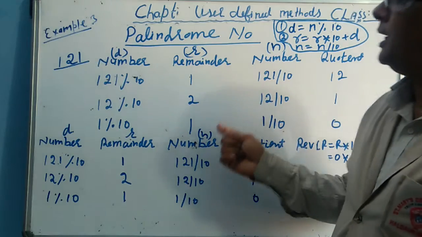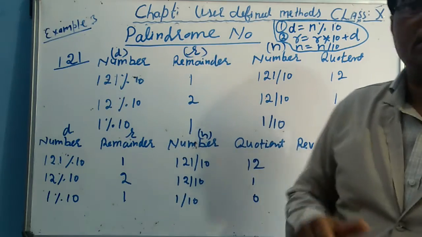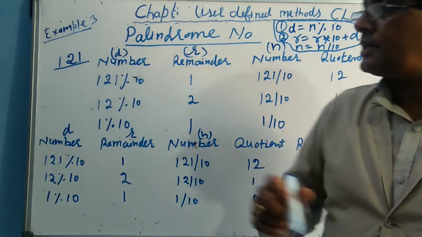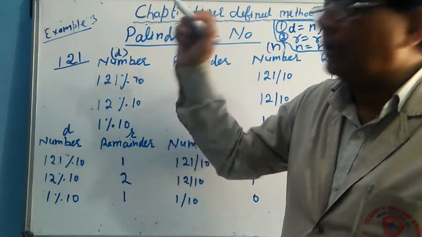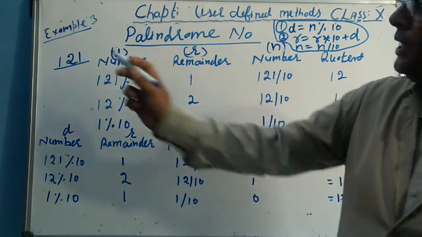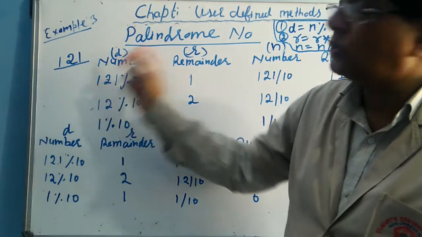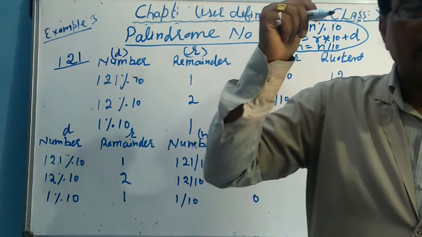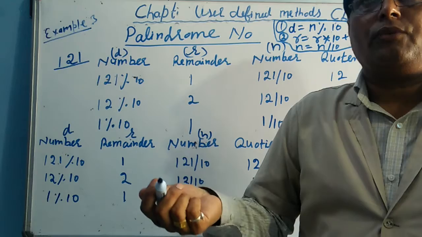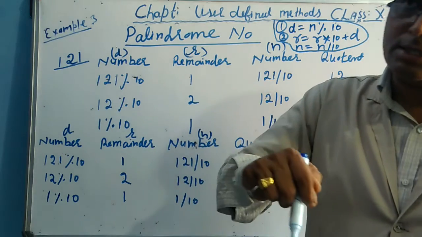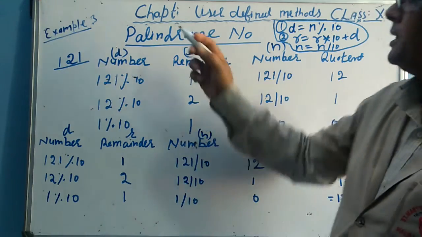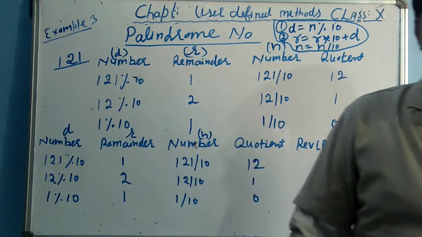That is called a palindrome number. For example, 121. The reverse number will be 121, meaning the digits of the reverse should be the same. That is called a palindrome number.